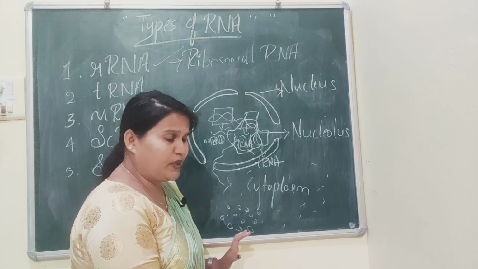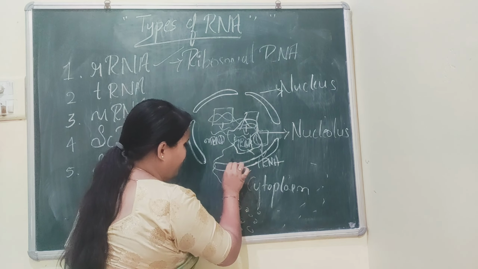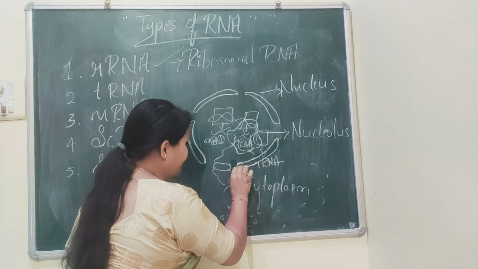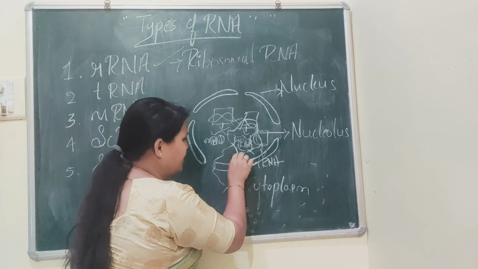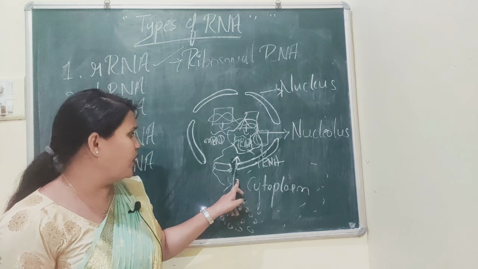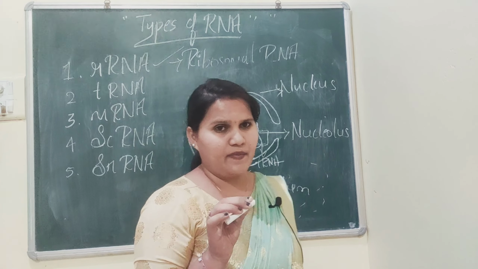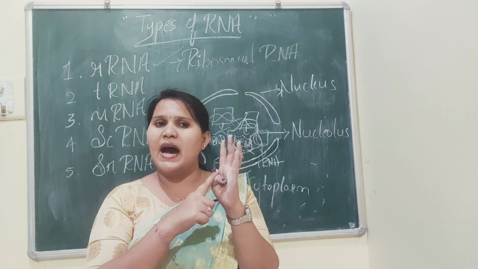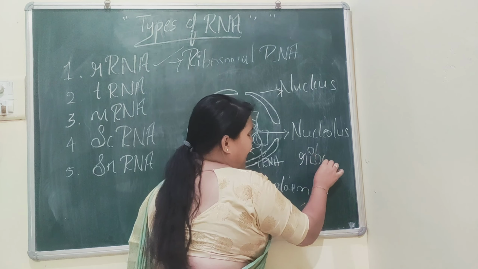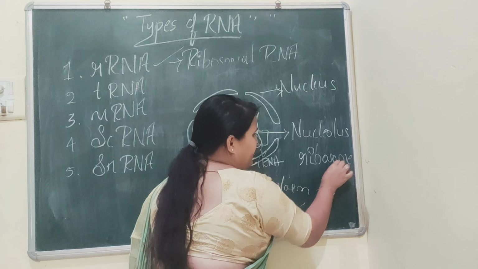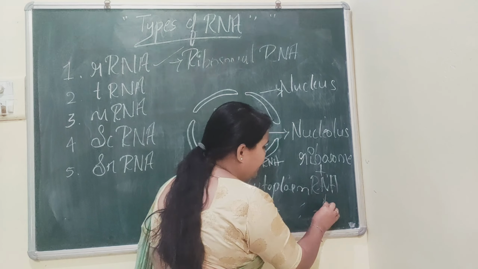What these proteins will do is, if this is the nuclear pore, these proteins will move into the nucleus through the nuclear pore and will reach this rRNA. So there will be rRNA, that is nothing but the ribosomal RNA, and now which got associated?